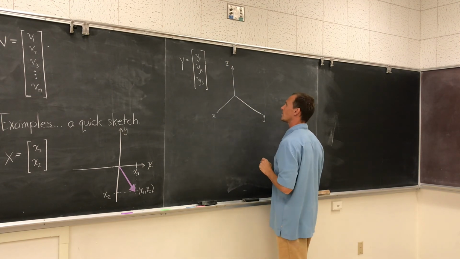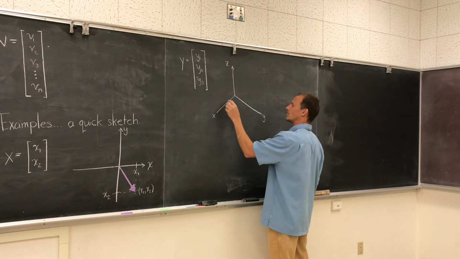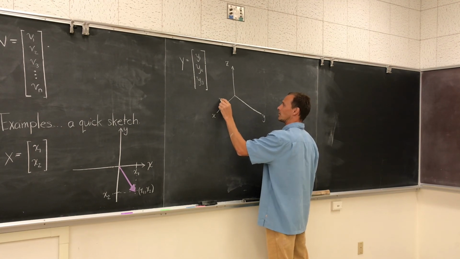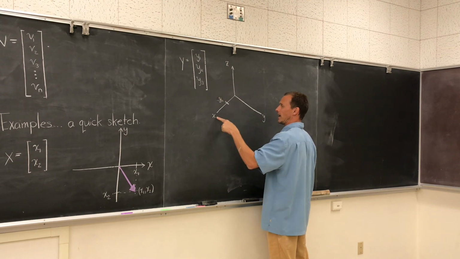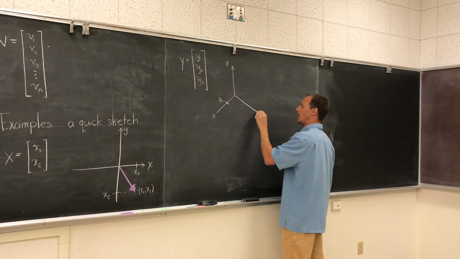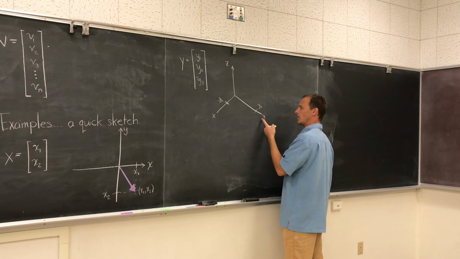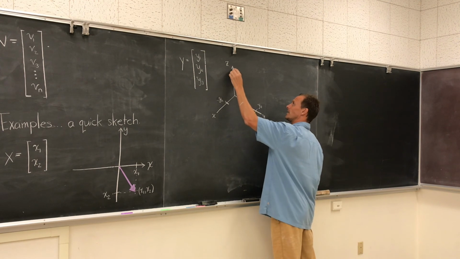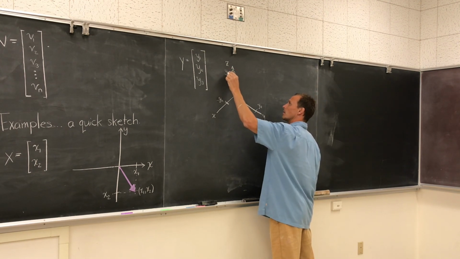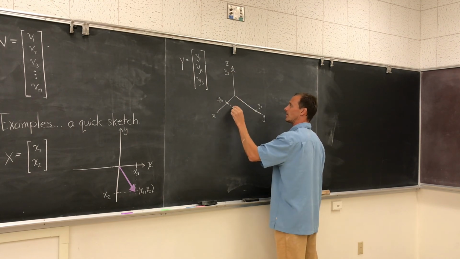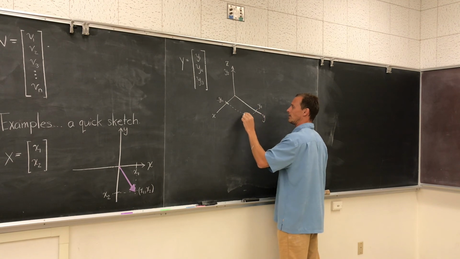And so if I was to sketch this, I might sketch something like this. Here's y. Here's my y1, goes on the x-axis. My y2 value goes on the y-axis. And finally, my y3 value goes on the z-axis. And so we're going to learn how you draw these.